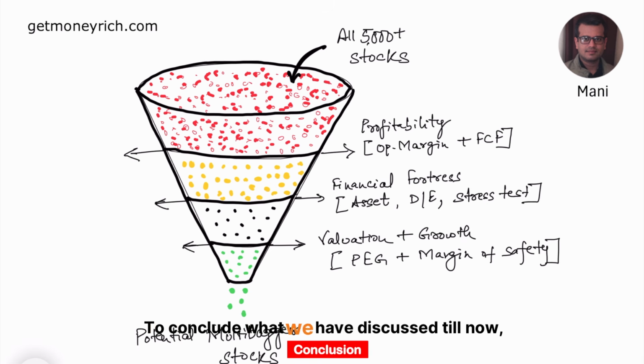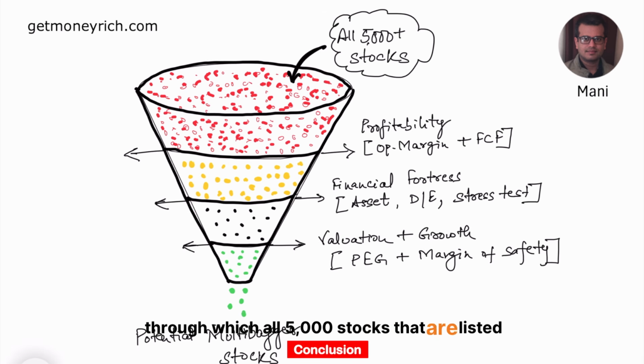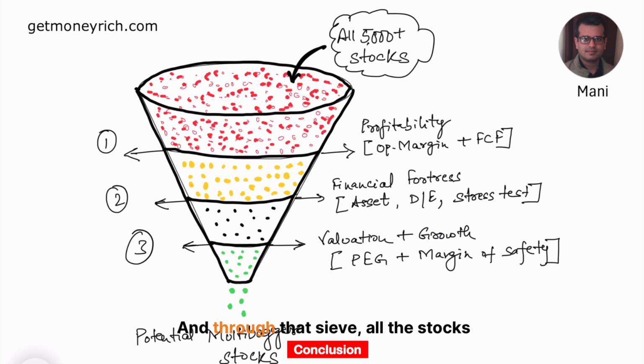To conclude what we have discussed till now, I want you to imagine an inverted funnel through which all 5,000 stocks that are listed in the stock exchange are made to pass. And that funnel is not a simple funnel. It has 3 filtering sieves, and all the stocks would have to filter through those sieves.